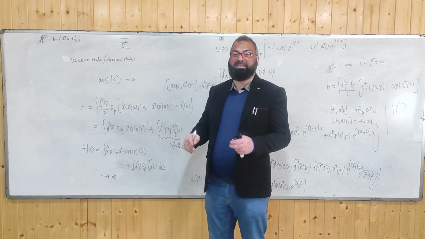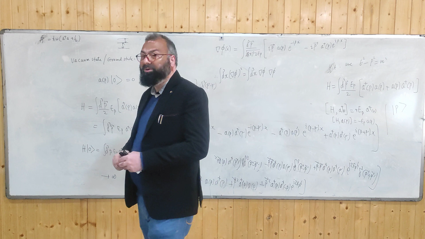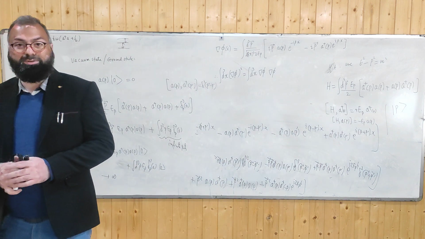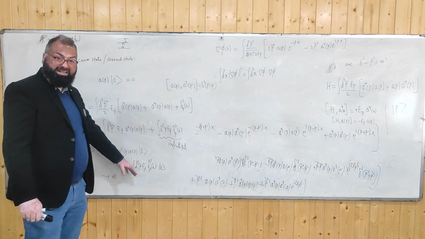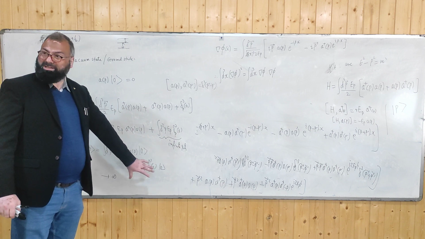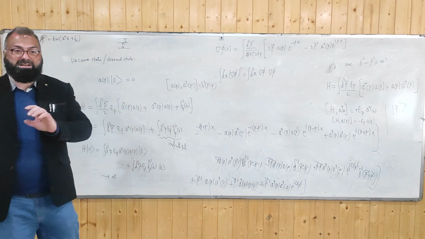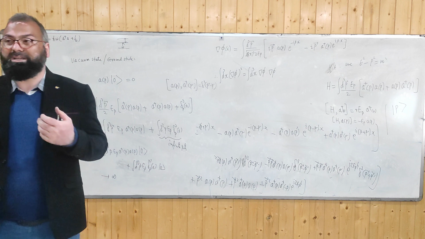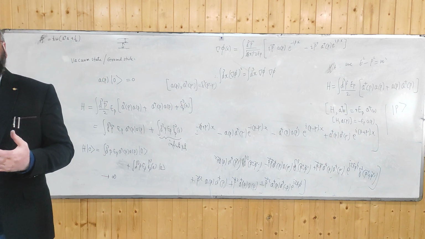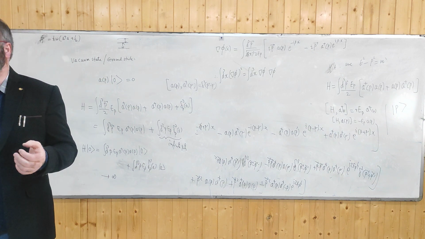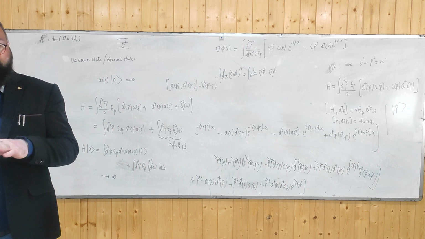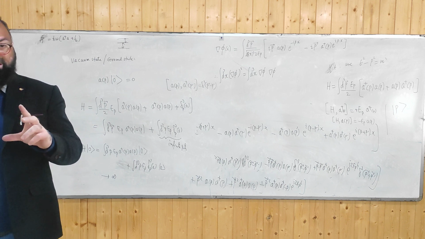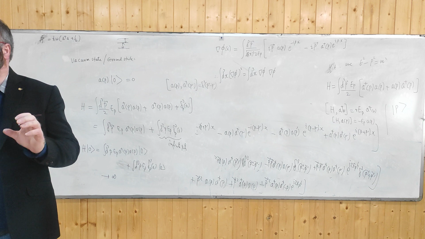But what do we do in the physical world? We don't measure it. You can say the vacuum possesses infinite energy. This is an infinite quantity, but it is not a measurable quantity. In reality, we measure not the absolute energies, we measure the energy difference between two levels, let's say the ground state and the first level. Clear?